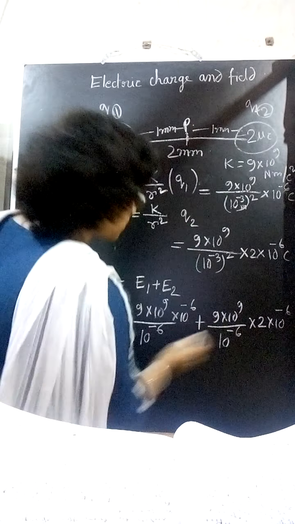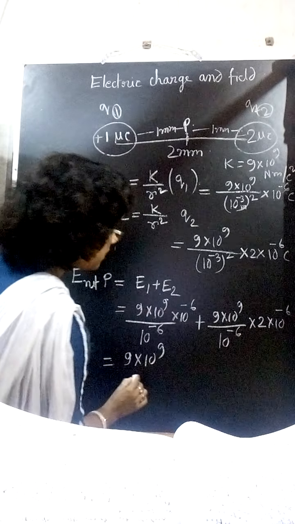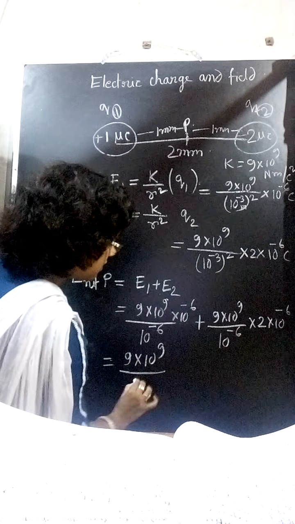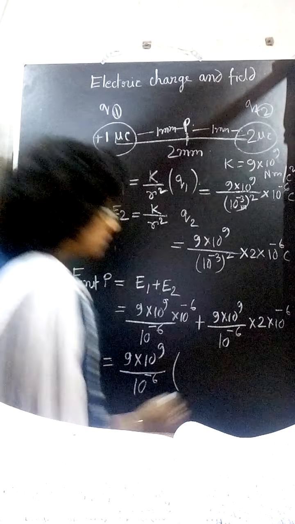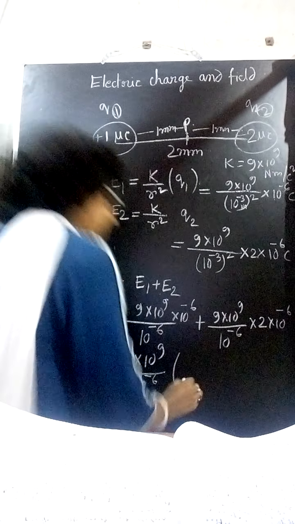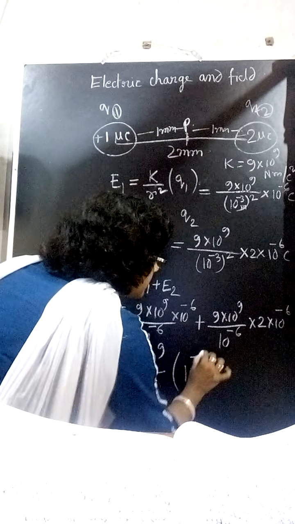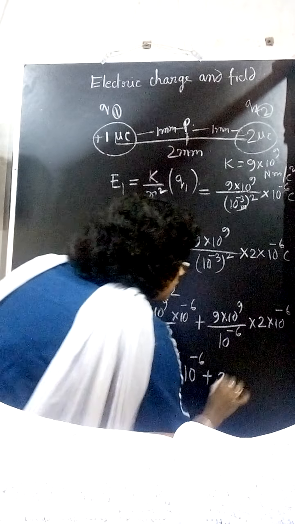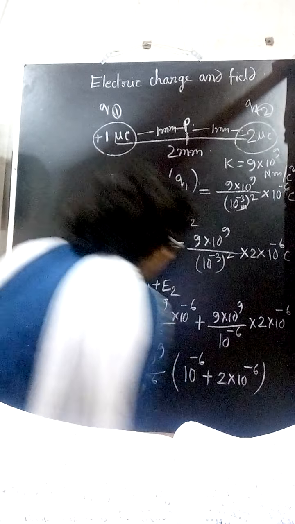That part is common, so 9 into 10 to the power 9 divided by 10 to the power minus 6, times (10 to the power minus 6 plus 2 into 10 to the power minus 6).